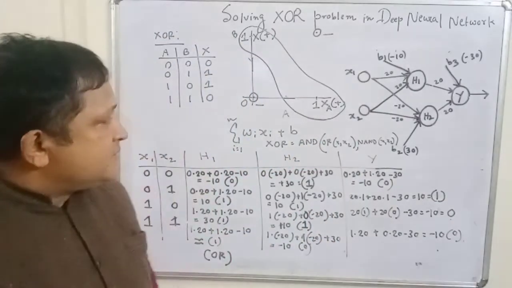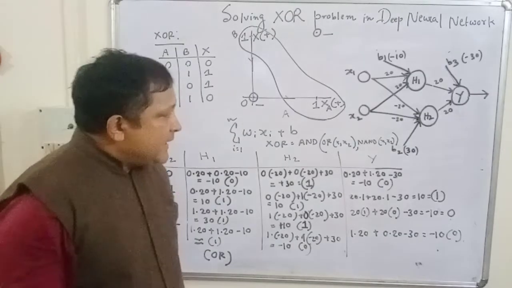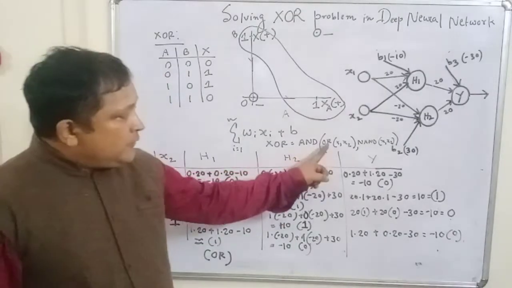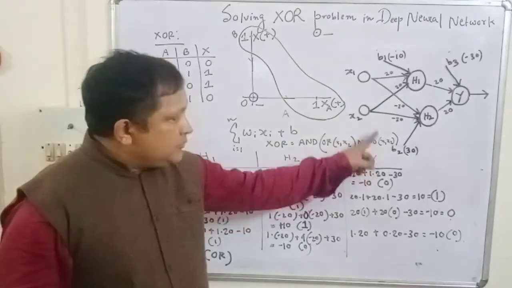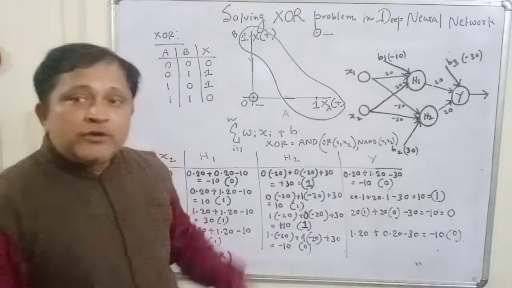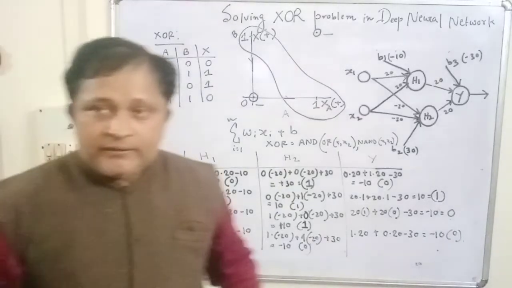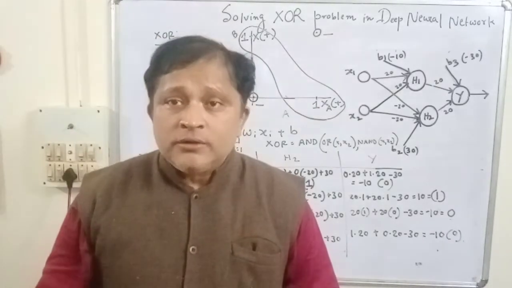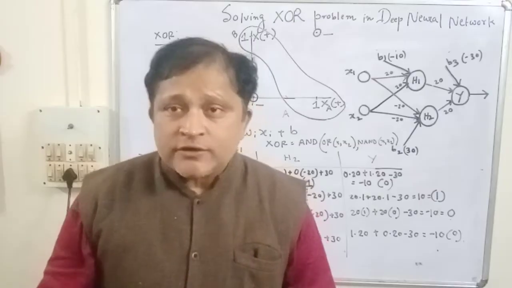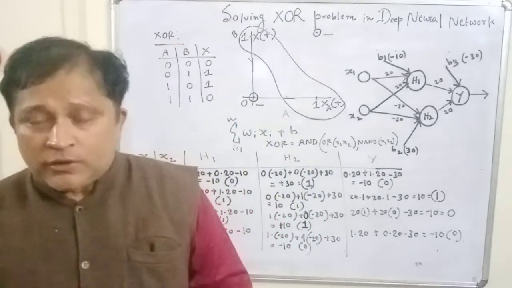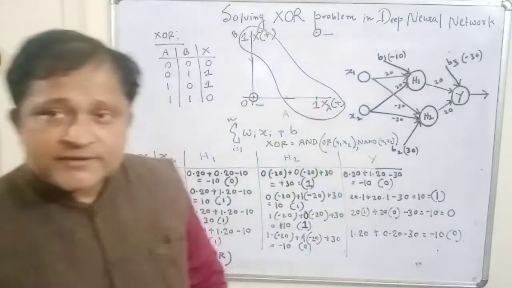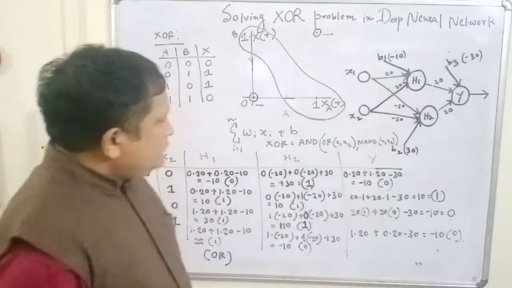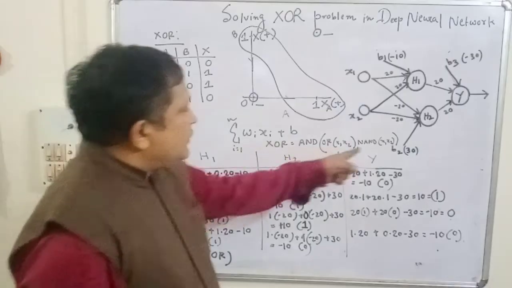So we have one OR output and one NAND output. Both the outputs are ANDed to form the XOR output, and that is proven. You can also, for your satisfaction and confidence, prove it with the help of a truth table or other processes. This is how the XOR can be represented.